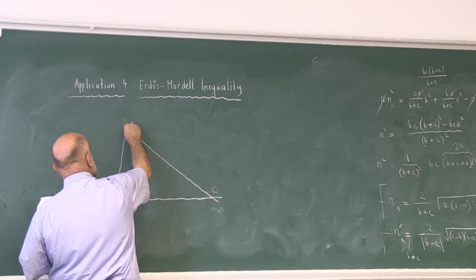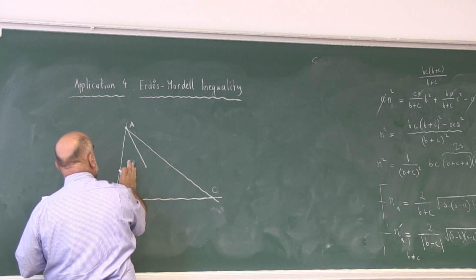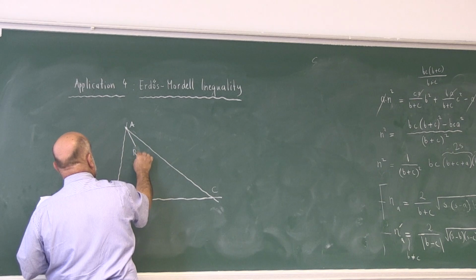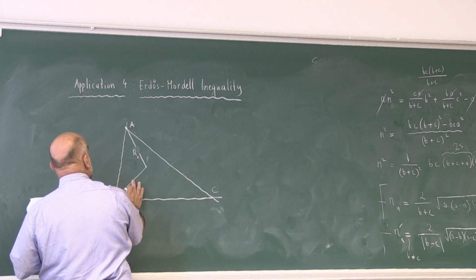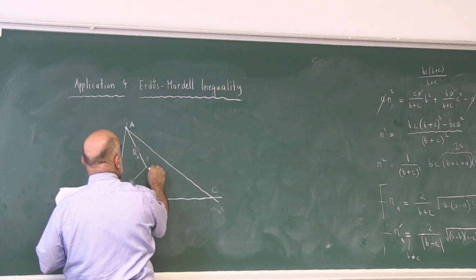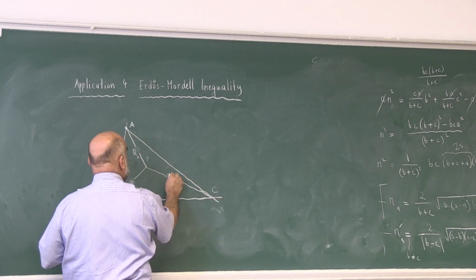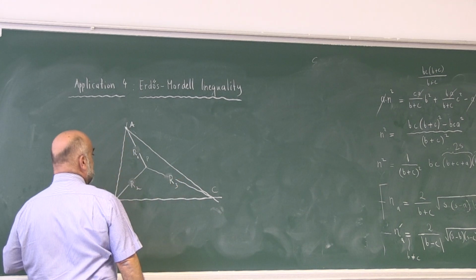The distance of P to A is R1, the distance of P to B is R2, and the distance between P and C is R3.